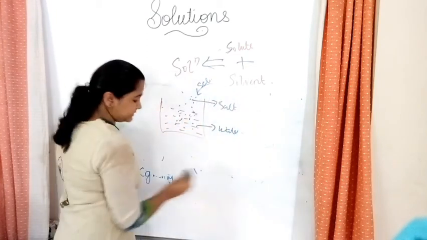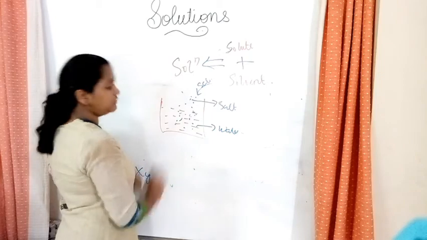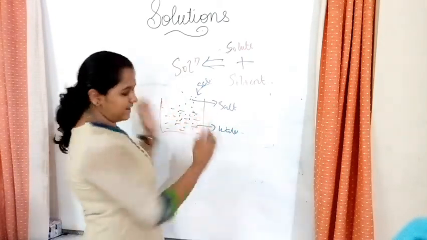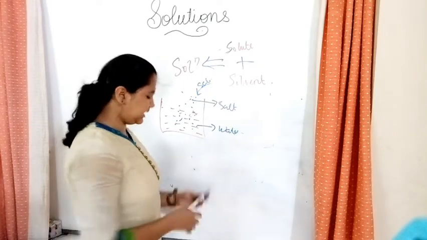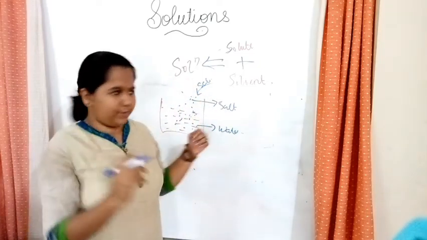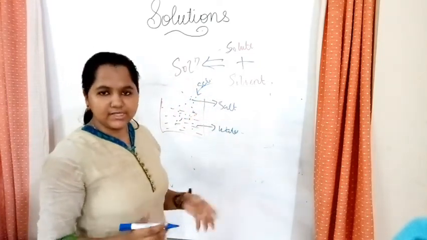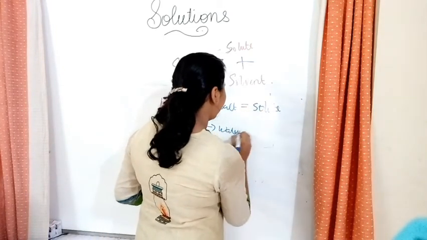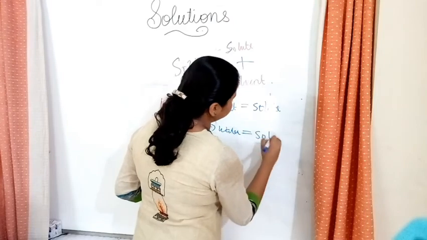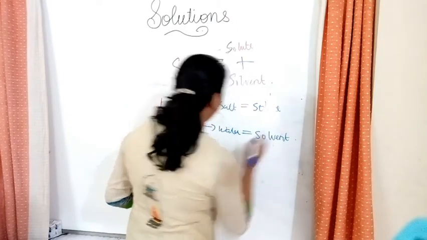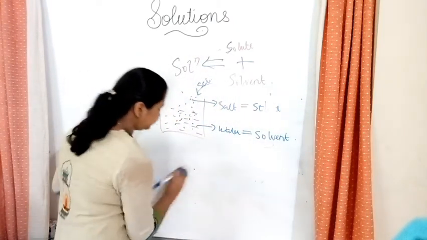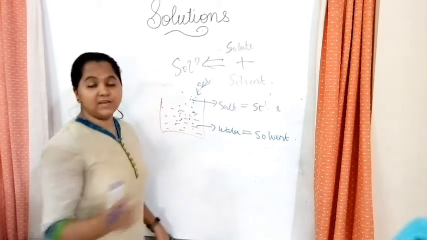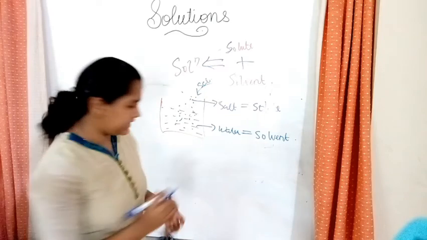Before I tell you the methods, let me mention the solute and solvent of this example, so you can keep it in mind. Salt is a solute and water is a solvent. So the 2 methods are, the first one is by measuring the amount method.